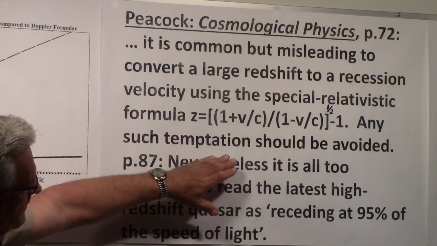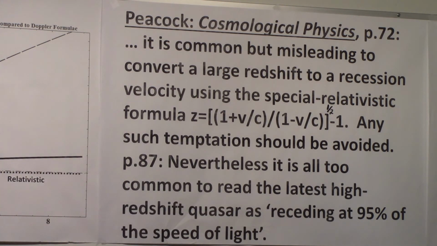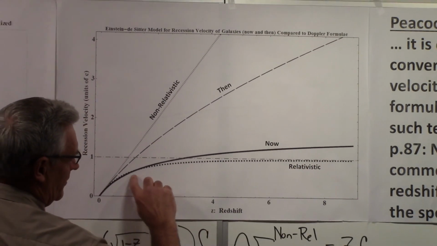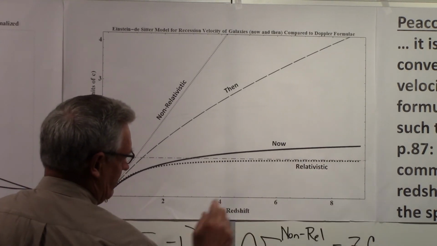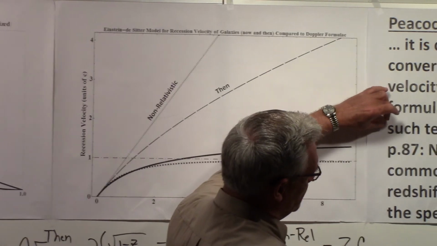Any such temptation should be avoided. In other words, you can't use these values of z in the relativistic formula to say that this is what the velocity of the galaxies would be. Any such temptation should be avoided.